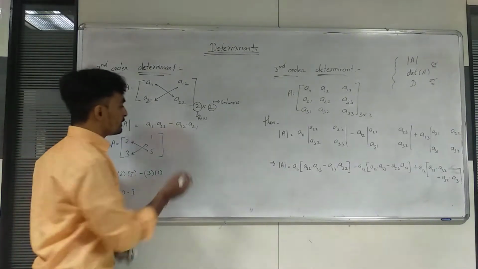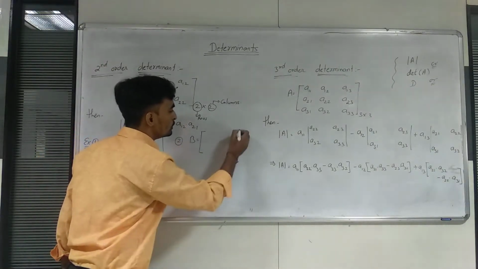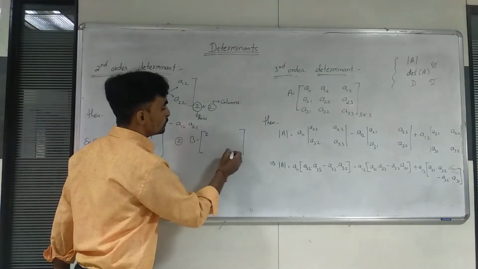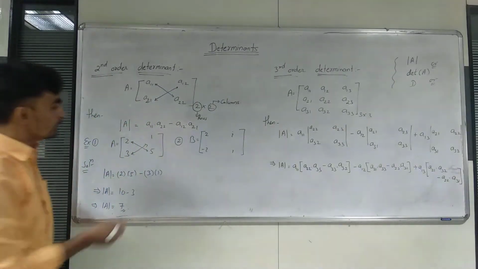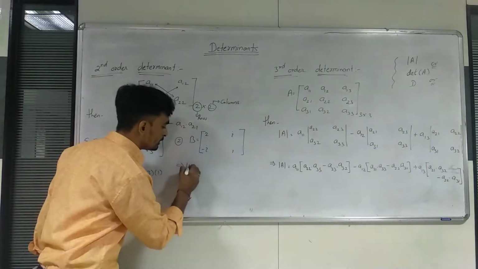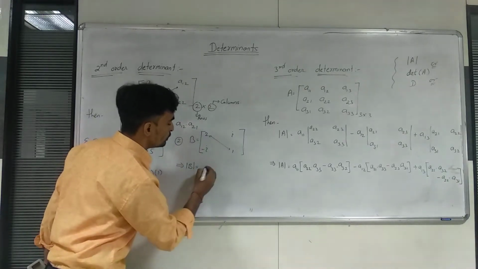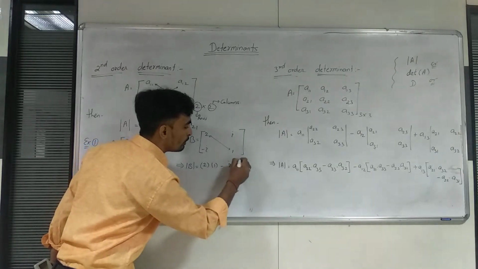Another example is B equal to 2, 1, i, minus i. Then determinant of B equals cross multiplication of this: 2 into 1 minus i into minus i.